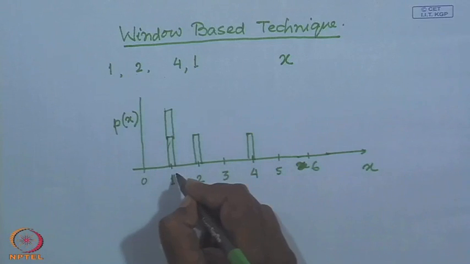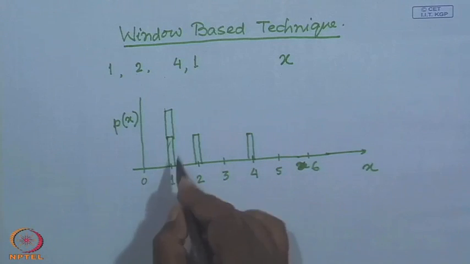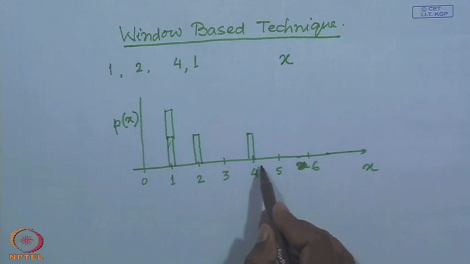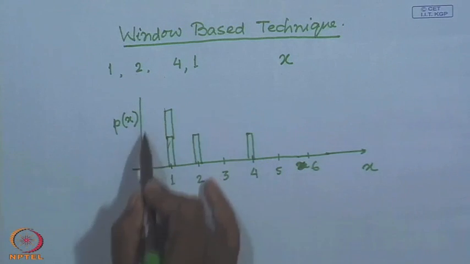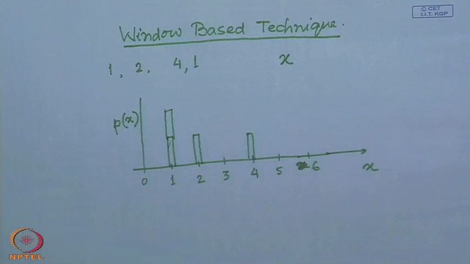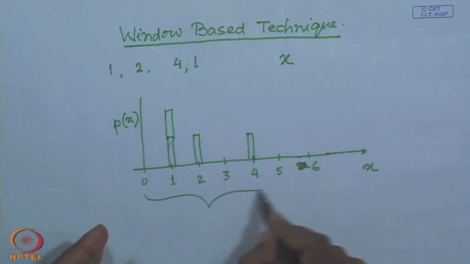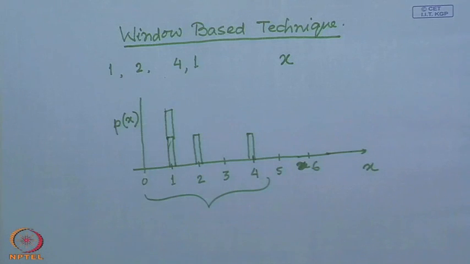The area of the delta function at x equal to 1 has to be double the area of the delta function at location x equal to 2 or x equal to 4. Total area has to be equal to 1. Now, if I have this sort of situation, then you find that this is not really approximating a continuous probability density function, because what I will have is a set of disjoint spikes.